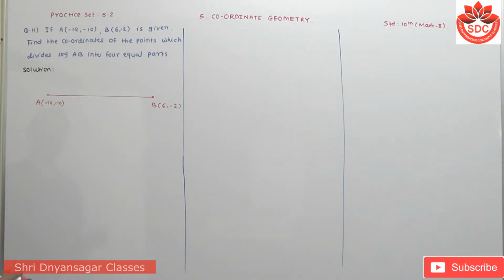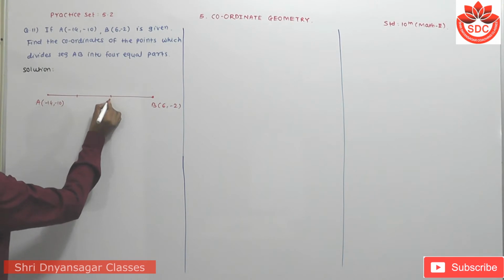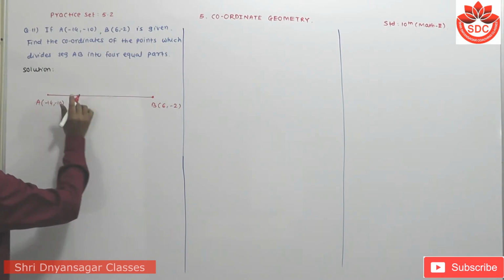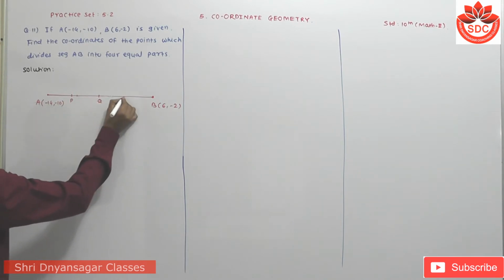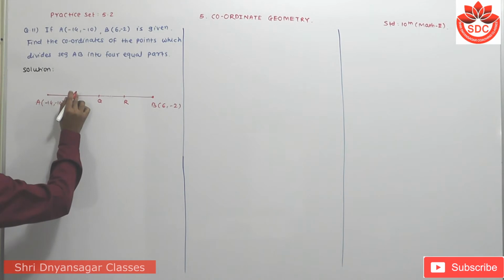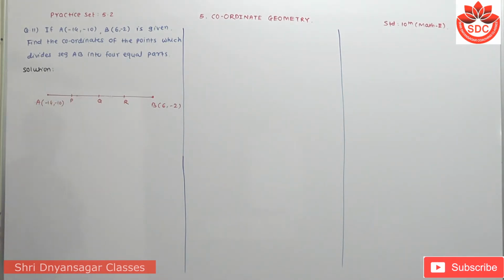Suppose we take 3 points which divide it into 4 parts. Suppose P, this is Q and this is R. There are 3 points here, which means these are the 4 equal parts. And the coordinates of points P, Q, R we have to find here.